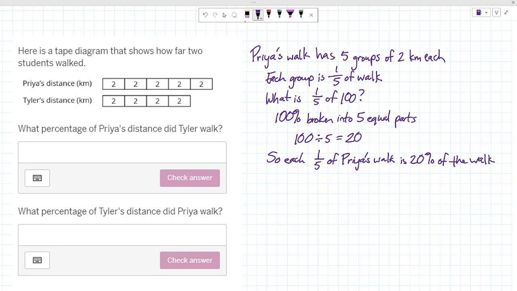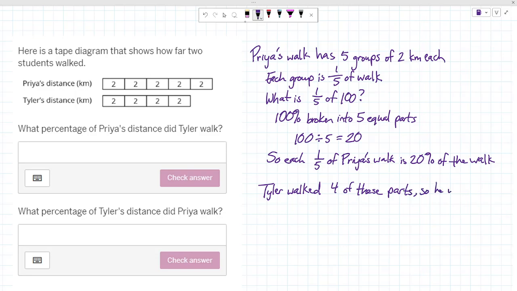So how many groups of that 20% did Tyler walk? Tyler walked 4 of these parts.